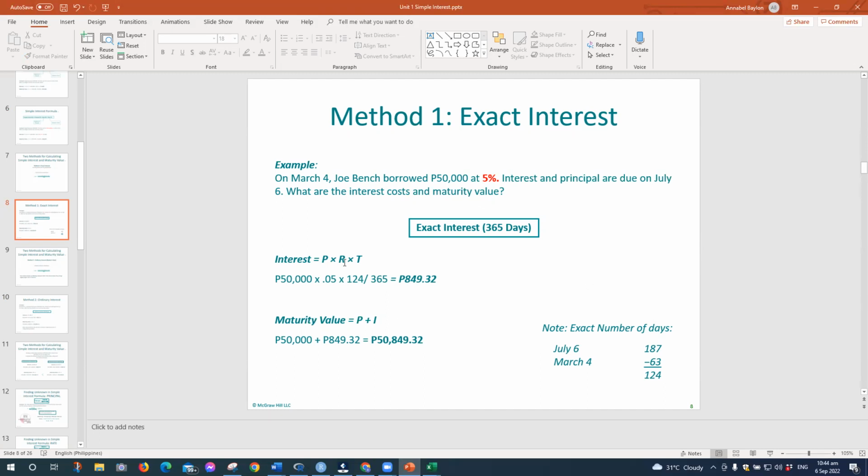Going to the interest, which is principal times rate times time. The principal is 50,000, the rate is 0.05. Now, how about the time? How many days are there between March 4 and July 6? We will have to compute the exact number. So how do you do that?